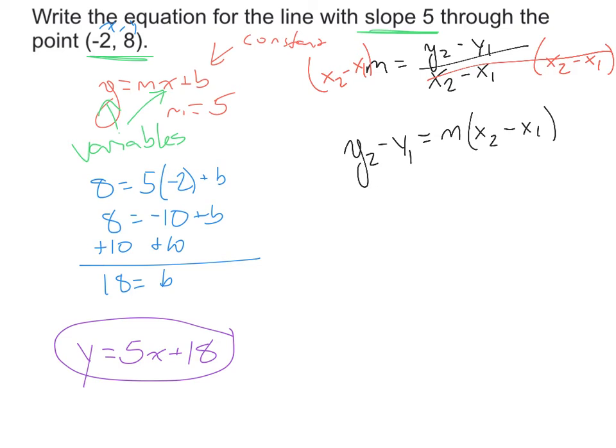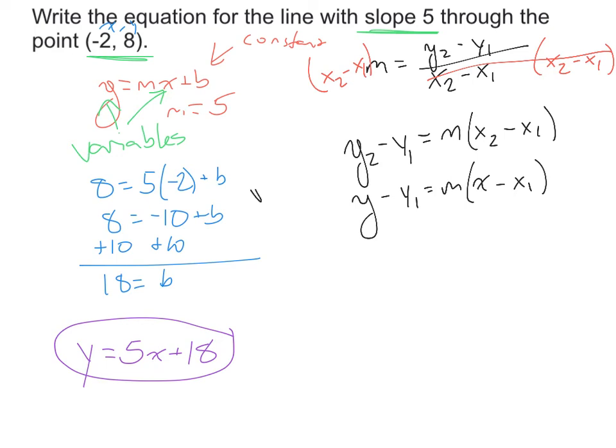And what I want to do is use my one set of variables, which I know are x and y, so I'm going to replace y2 with my y, and I'll replace x2 with just x. So those are my variables going in there, and then x1 and y1 are one point that we're going to use to make this line.